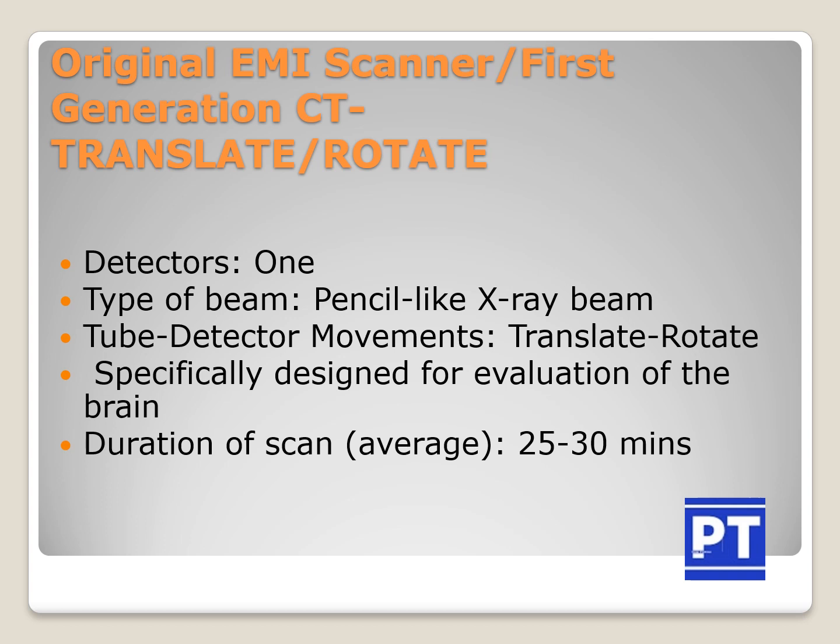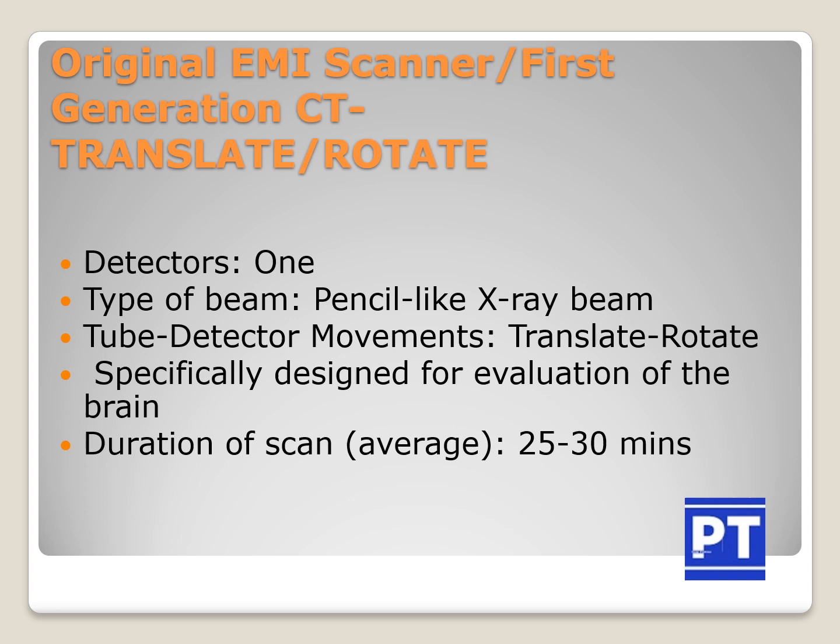The type of beam was a pencil-like X-ray beam. The tube detector movement was transit rotate, and it was specially designed for the evaluation of the brain. The duration of the scan was about 25 to 30 minutes.